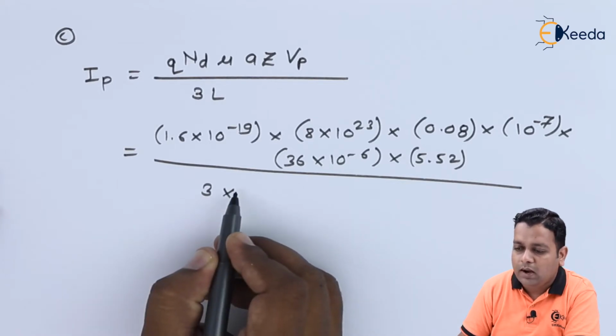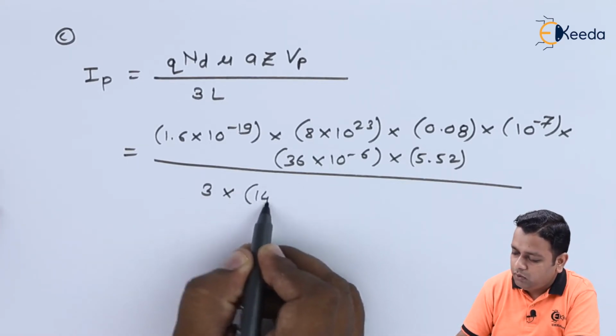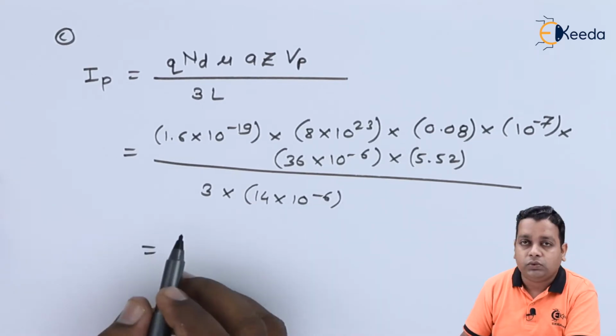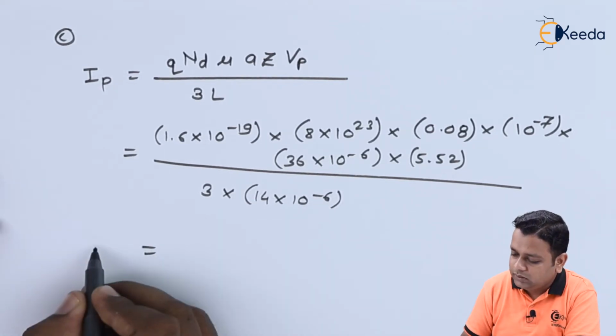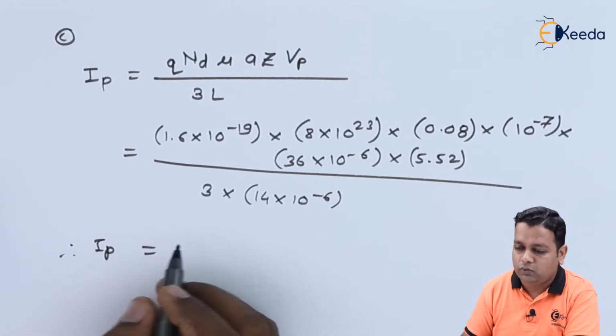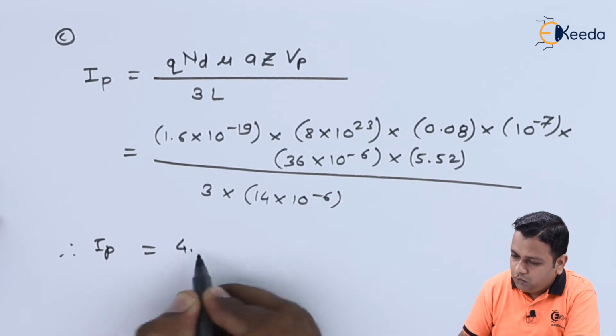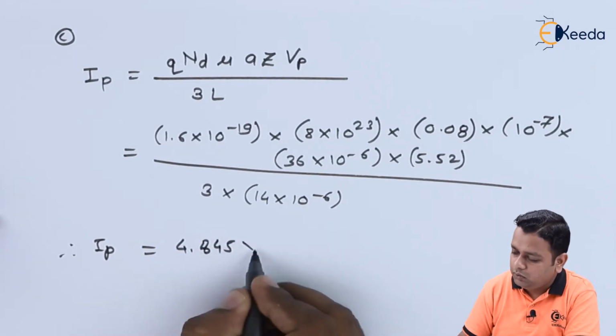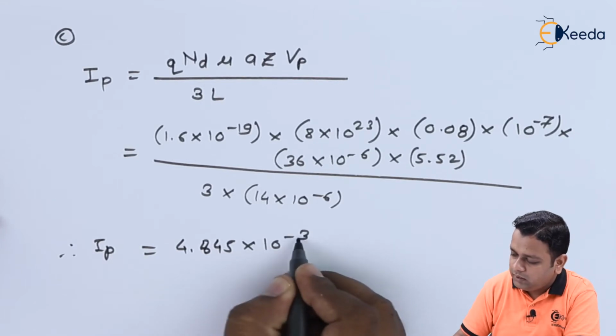Here we have 3 as it is, and the L value is 14 into 10 raised to power minus 6. So the calculation gives us the value of saturation current IP equal to 4.845 into 10 raised to the power minus 3.